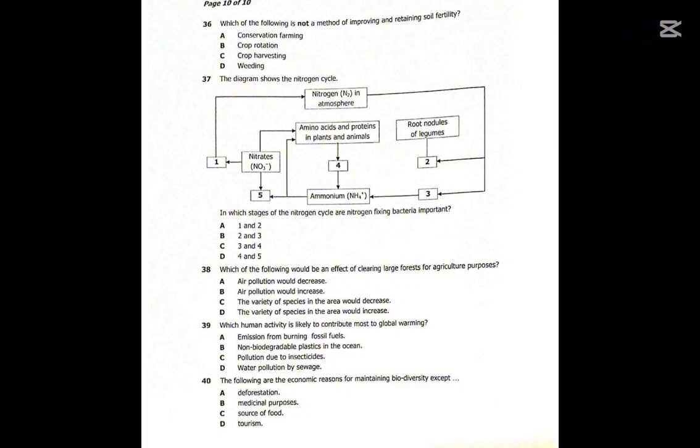Answer A. Explanation. The burning of fossil fuels is the primary source of greenhouse gas emissions, contributing to global warming. 40. Answer A. Explanation. Deforestation is a cause of biodiversity loss, not an economic reason to maintain it.